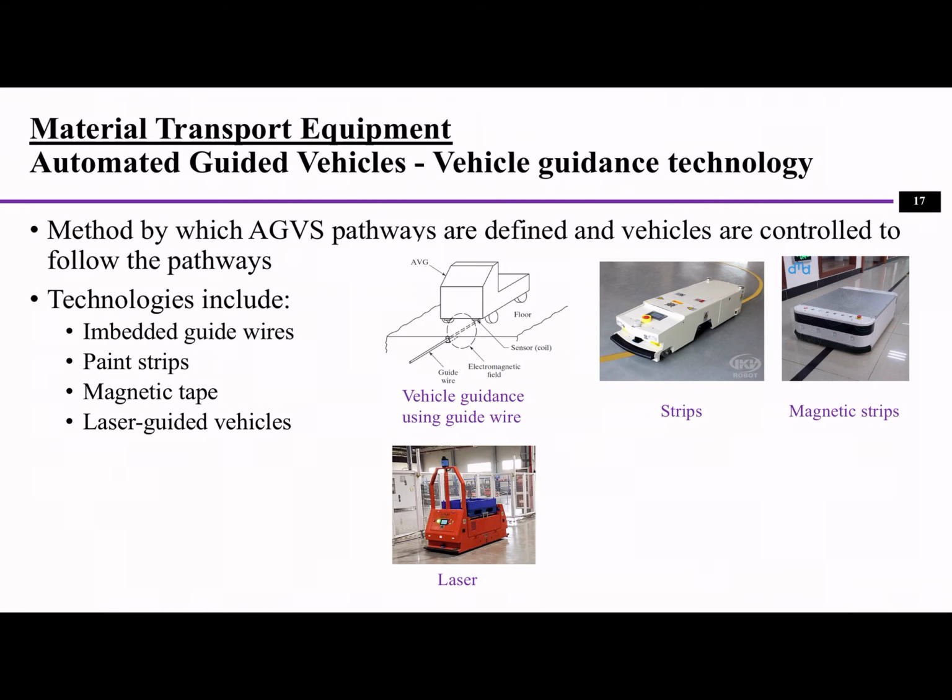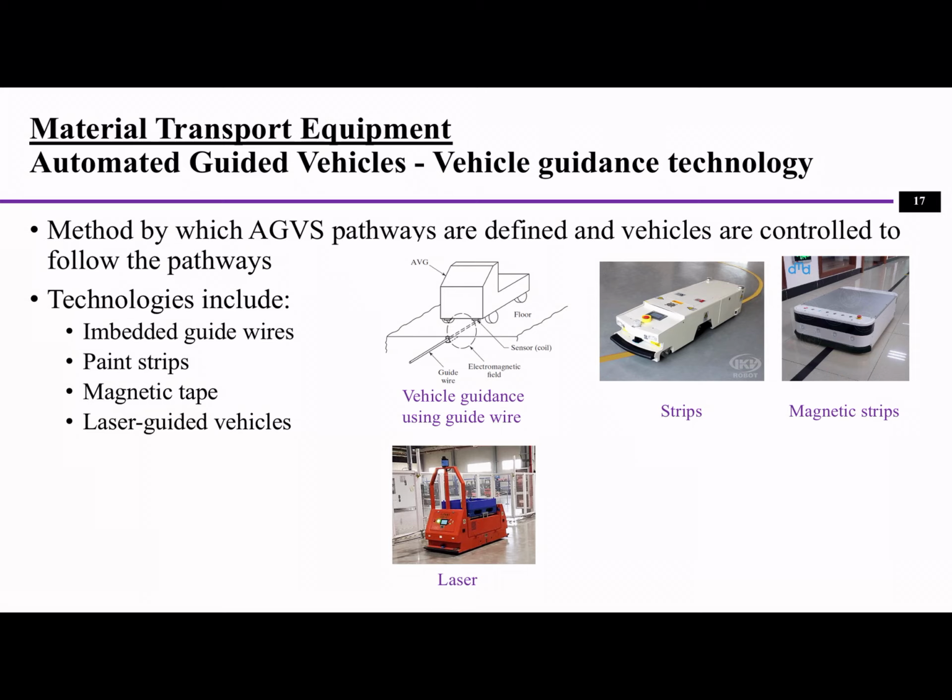And in terms of the methods for the pathways, as in how do you design the guidance, there are different technologies. One is we can use wire that is embedded in the ground. So the vehicle will actually sense the wire, because it creates an electromagnetic field. From this, it can actually start to guide the vehicle.